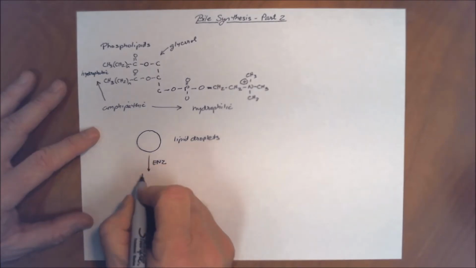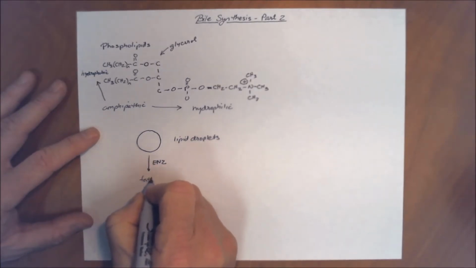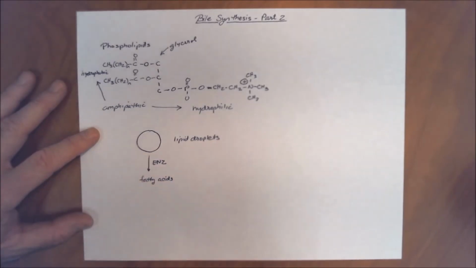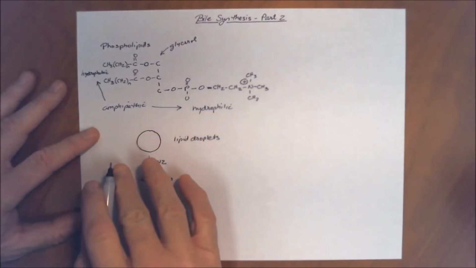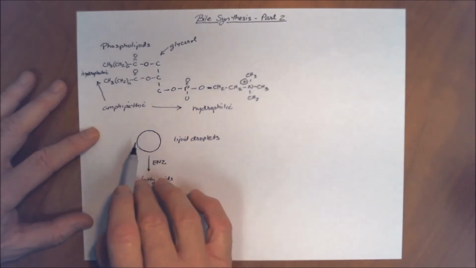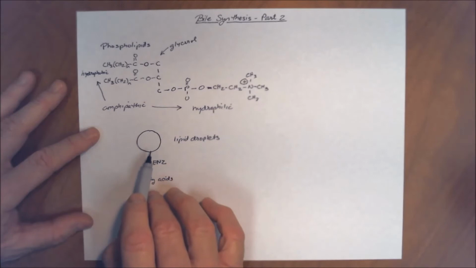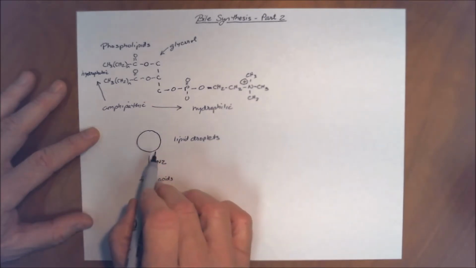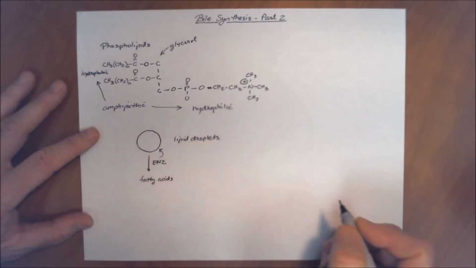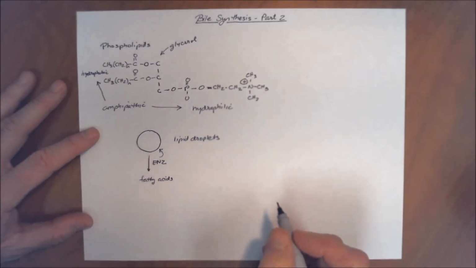So we are going to be processing these structures into fatty acids. Now, what we need to consider is the surface to volume ratio. This is a very, very small surface to volume ratio because we have a large volume and the surface around it. These enzymes have to attack this in order to generate these fatty acids.